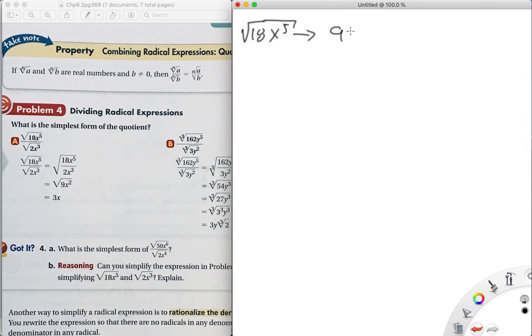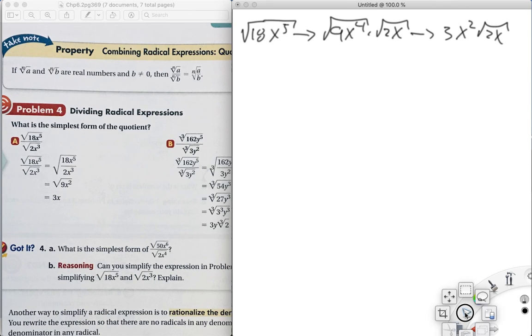So I could say the square root of 9 x to the 4th times 2x, and that would give me 3x squared times the square root of 2x. That would be my numerator.